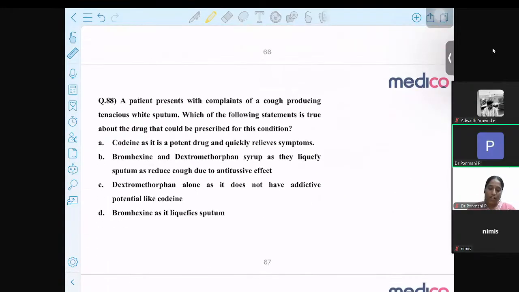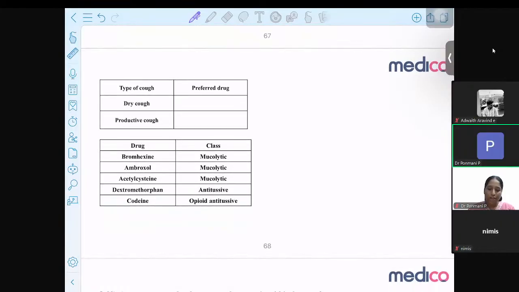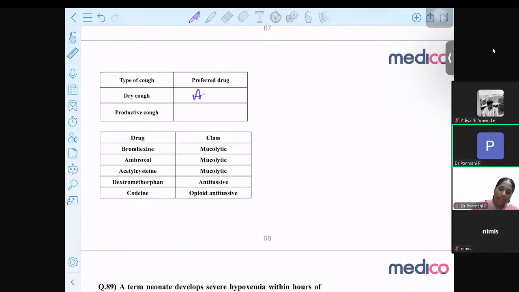So now moving into the next question. A patient presents with a cough which is producing sputum. Which of the following statements is true about the drug that could be prescribed? So what do you give for cough? For dry cough, you give antitussives, whereas for productive cough, you give mucolytics.